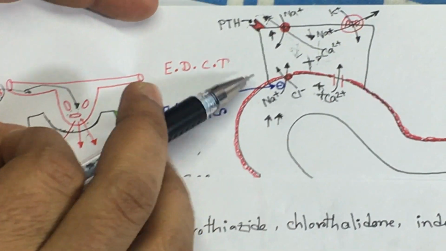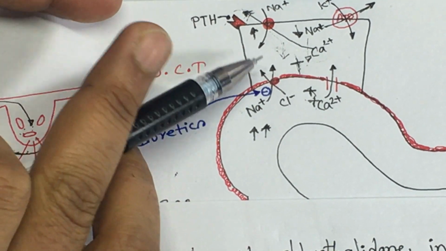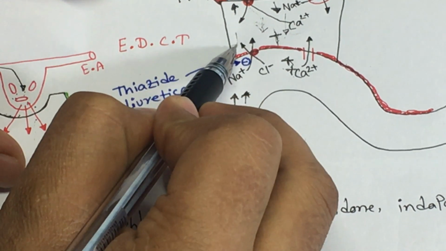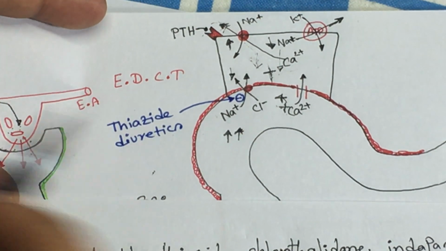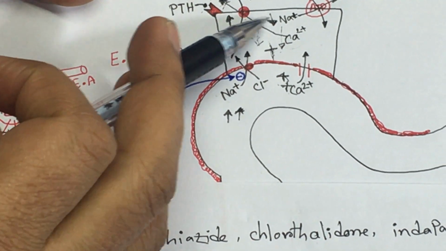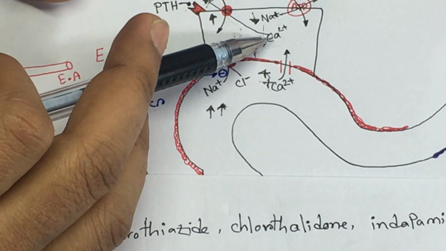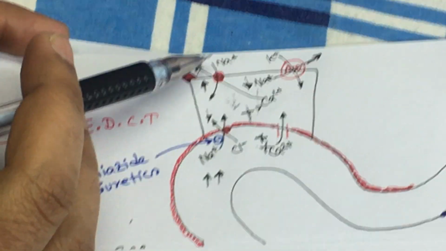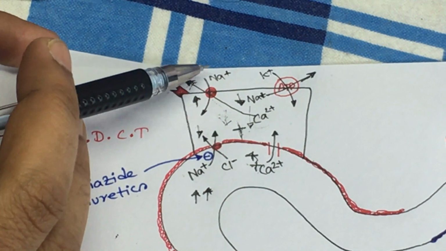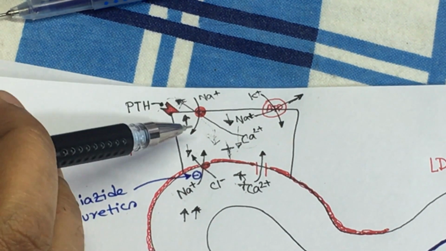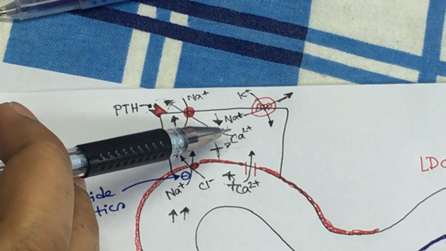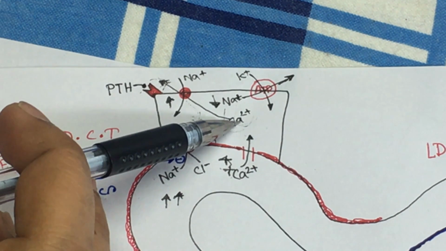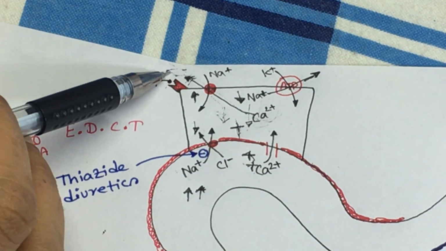If we inhibit this cotransporter, sodium will not be reabsorbed, so intracellular sodium level will decrease. There is another transporter, the sodium calcium exchanger, whose function is to bring sodium into the cell and kick calcium out of the cell into the blood.